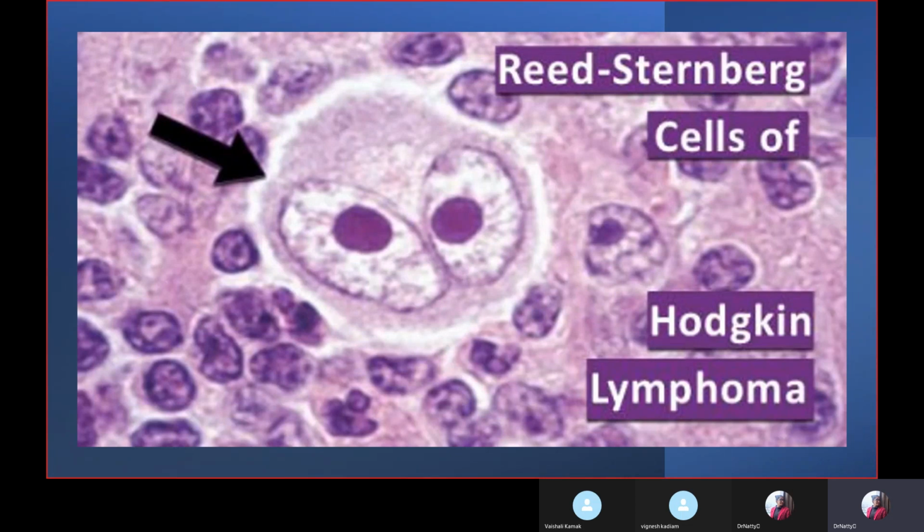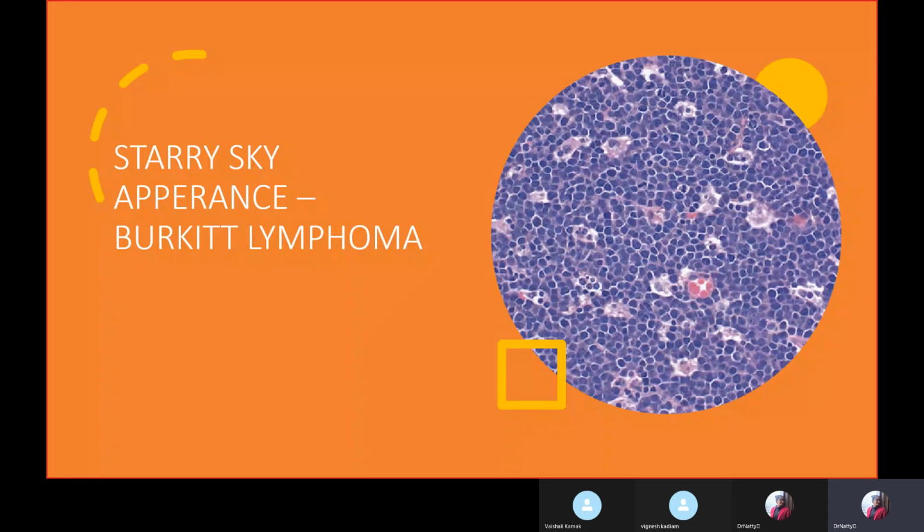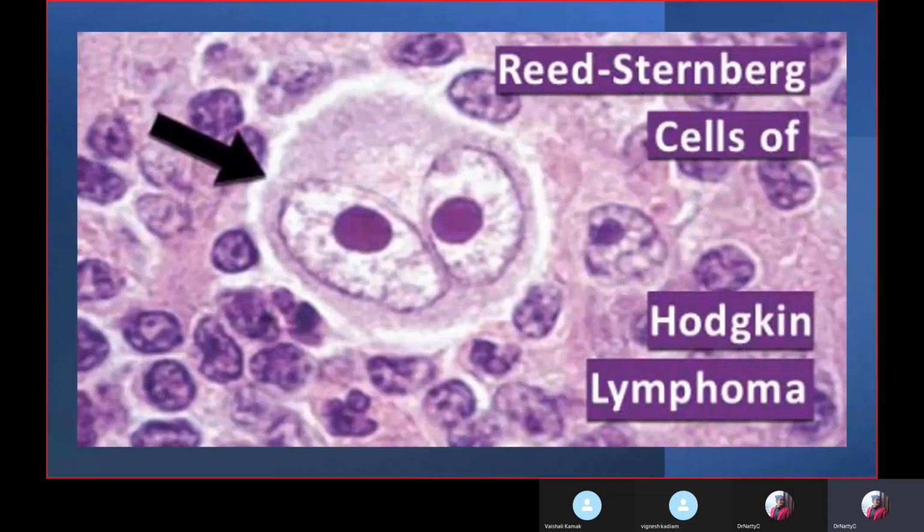So owl's eye appearance is a classical feature for Hodgkin's lymphoma, and the owl's eye appearance is because of the presence of RS cells, also called Reed-Sternberg cells. So remember, owl's eye appearance or Reed-Sternberg cell is present in Hodgkin's lymphoma, whereas starry sky appearance is present in Burkitt lymphoma, which is a type of non-Hodgkin's lymphoma.